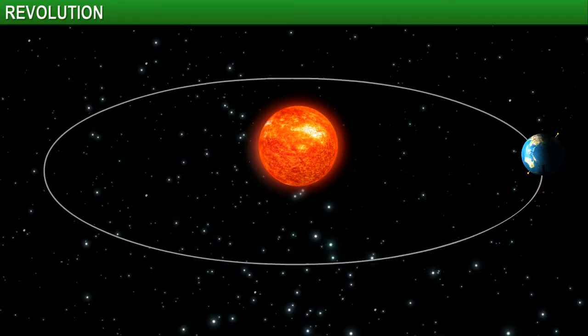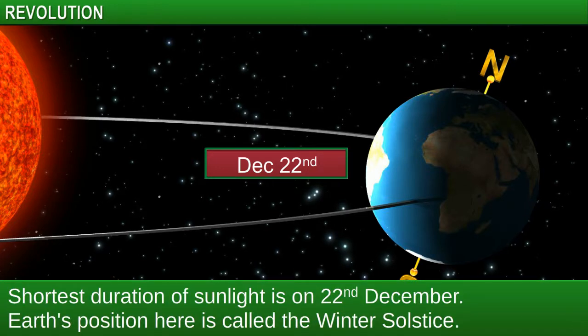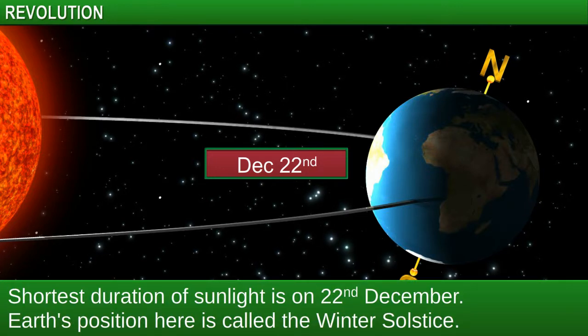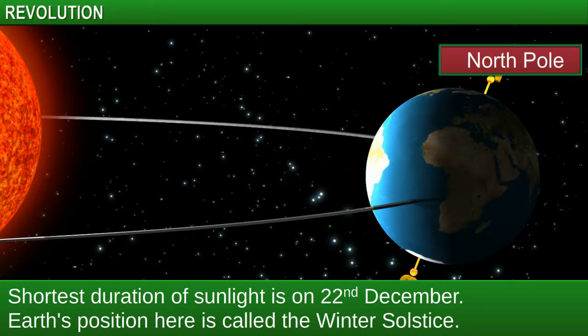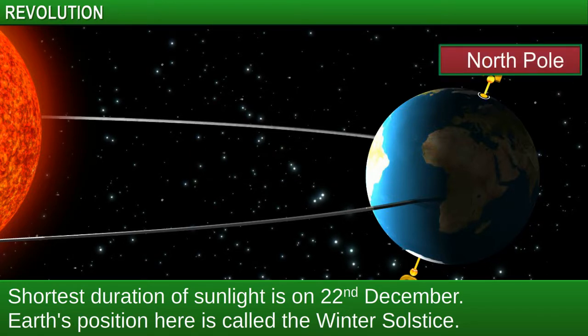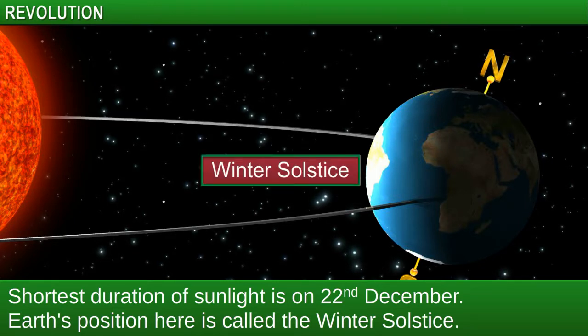Now let's follow the Earth's orbit. The Earth seems to have reached another turning point. The date is December 22nd. This is when the Earth reaches the other end of its orbit. The North Pole is facing away from the Sun. This position of the Earth is known as the winter solstice.